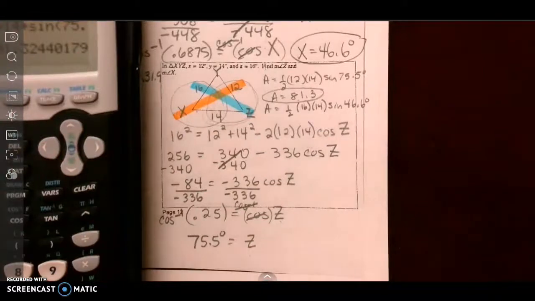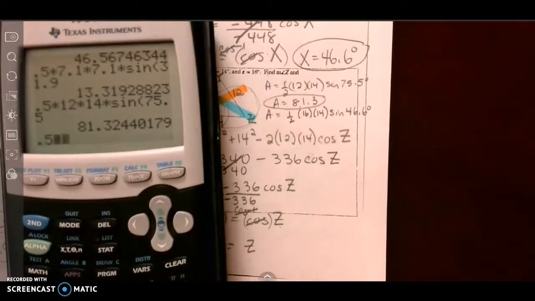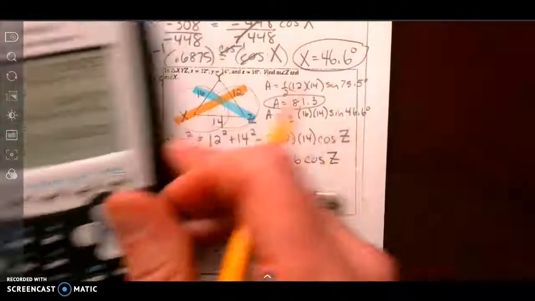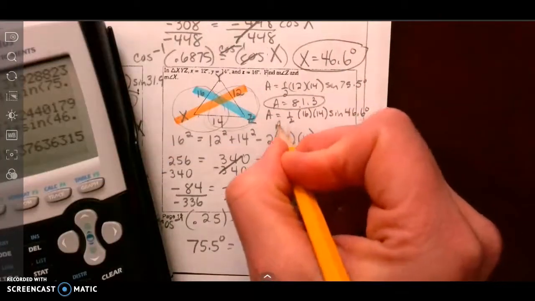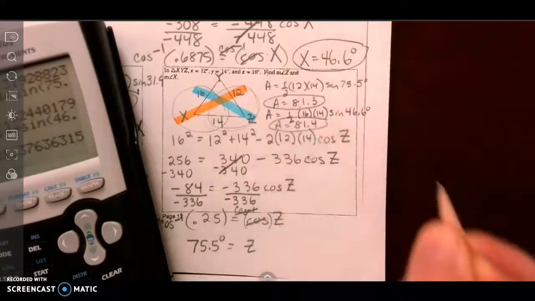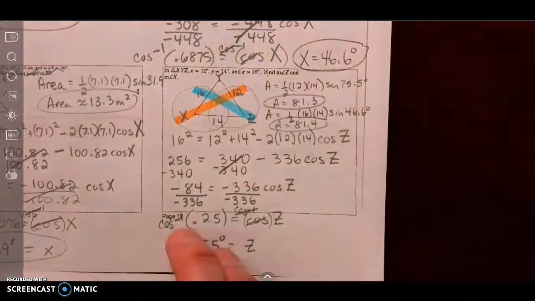Let's see. 0.5 times 16 times 14 times the sine of 46.6. And look, 81.4. So that's pretty close. Okay? So that's the area formula.